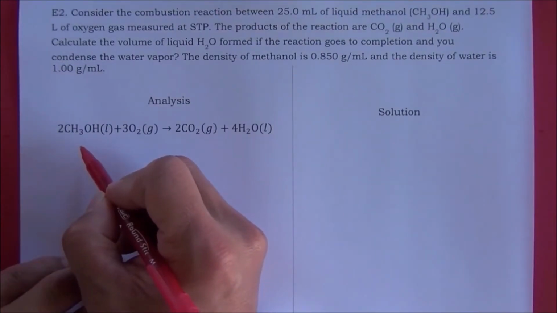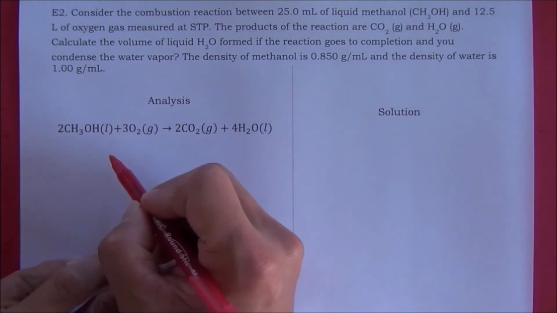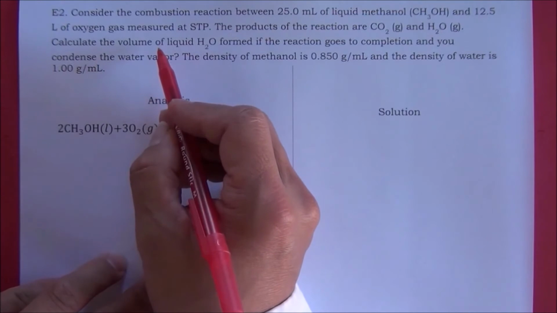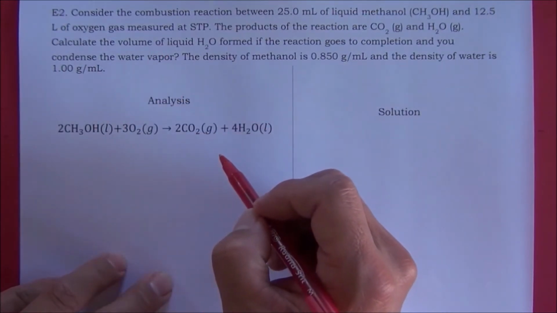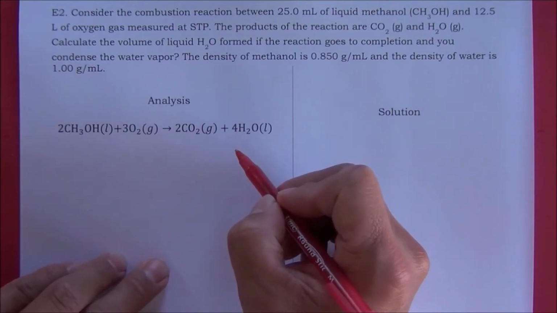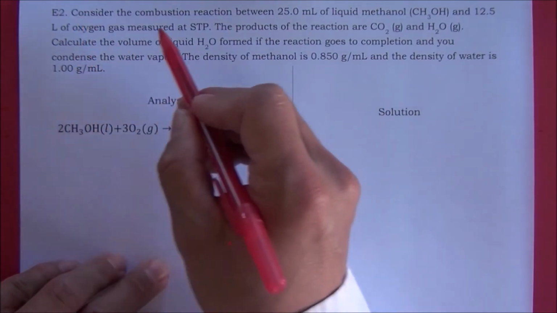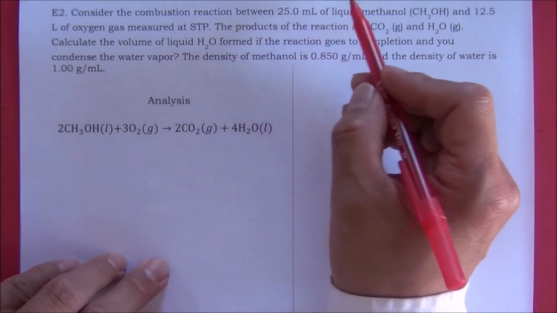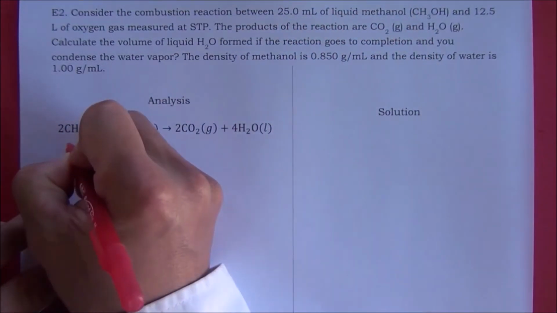After we write down the balanced chemical equation, we need to find all numbers with units and what we are looking for, and write them down in appropriate places next to the balanced chemical equation. Let's do it now. Consider the combustion reaction between 25.0 milliliter of liquid methanol.